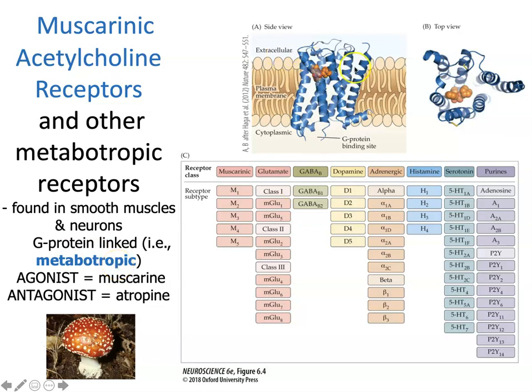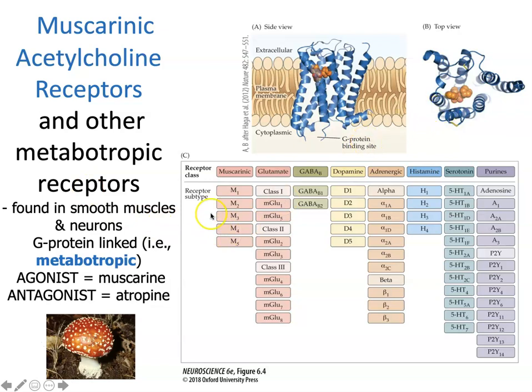Here, the structure looks very different. We're not creating a pore. You have a bunch of alpha helices that are passing through the plasma membrane multiple times. It's hard to tell here, but it's passing through the membrane 7 times. And then there's a binding site for acetylcholine.